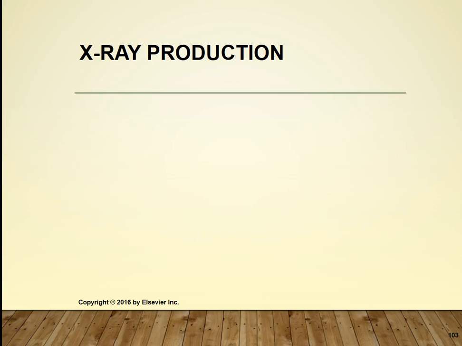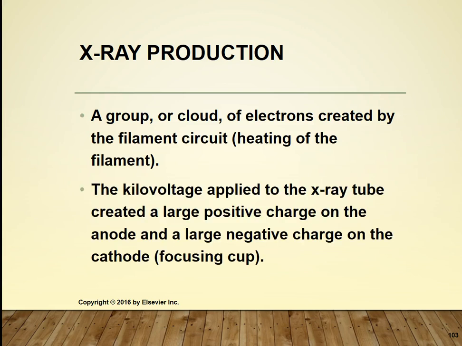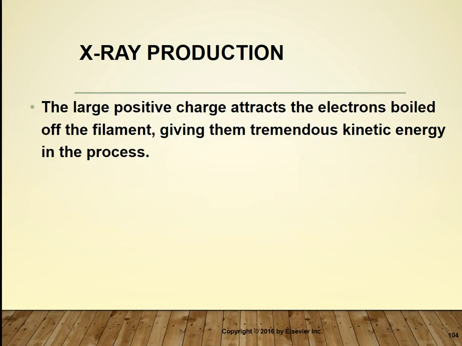Your X-ray production we've already covered, but just to remind you, a group of electrons is created by the filament. The kilovoltage applied to the tube creates a large positive charge and a large negative charge, so we've already said that. And then the large positive charge attracts the electrons that are boiled off.